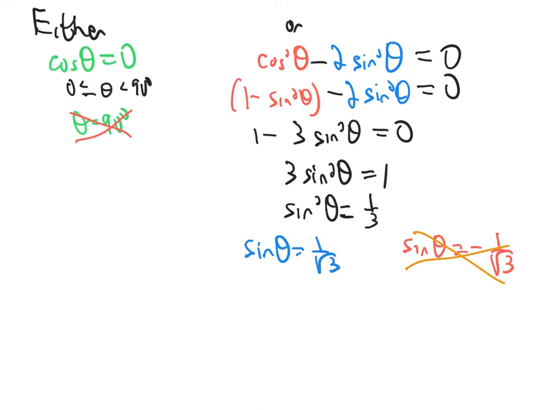Therefore, we're left with just theta is the inverse sine of 1 over root 3, which our calculator will tell us is just about 35.2 degrees. So that would be the angle that gave us maximal volume for our cone.